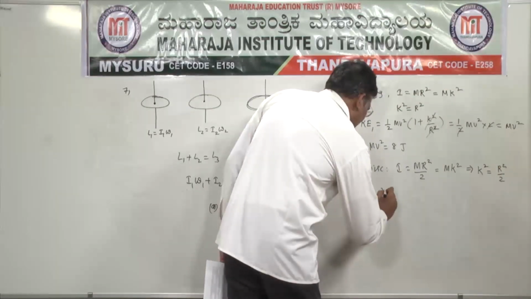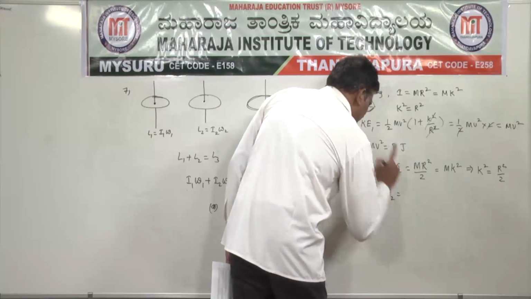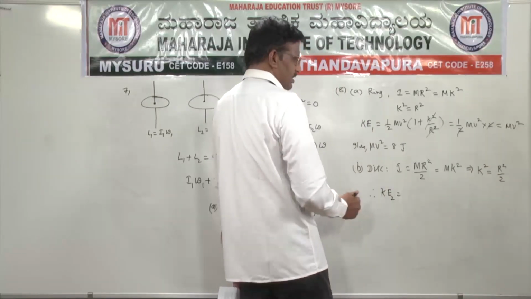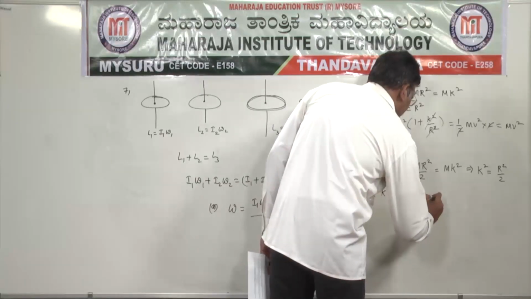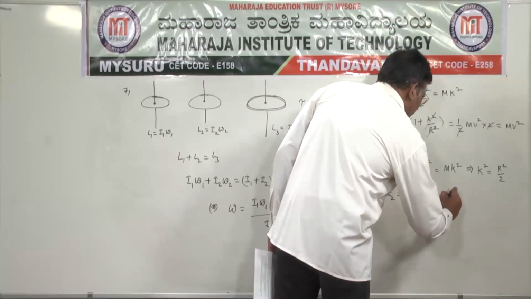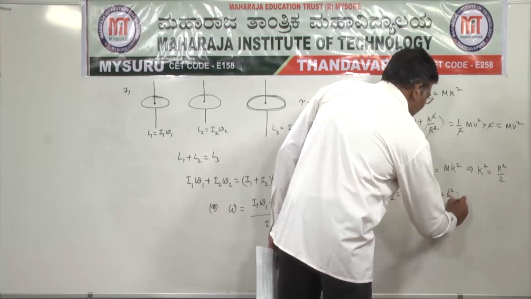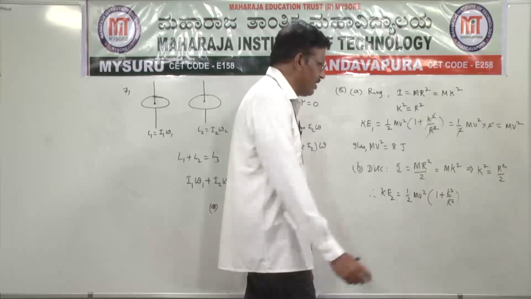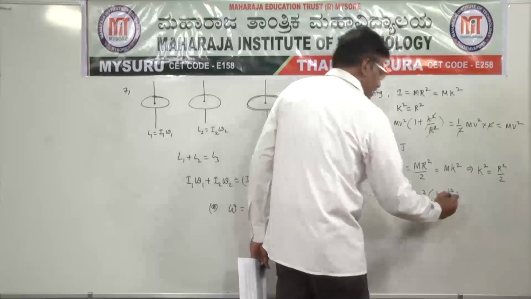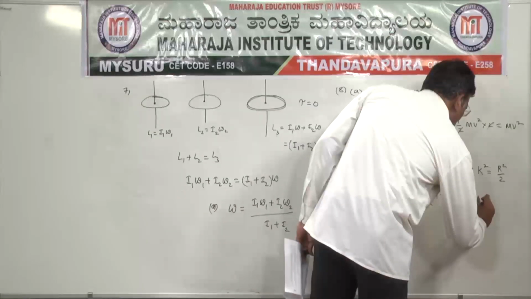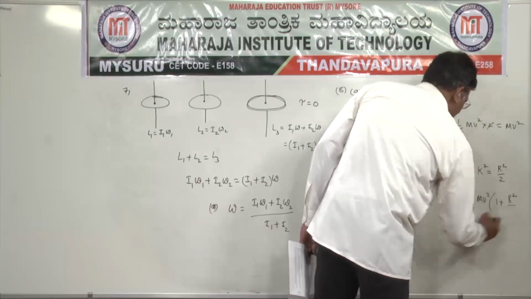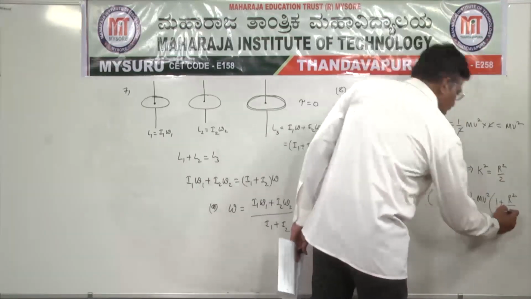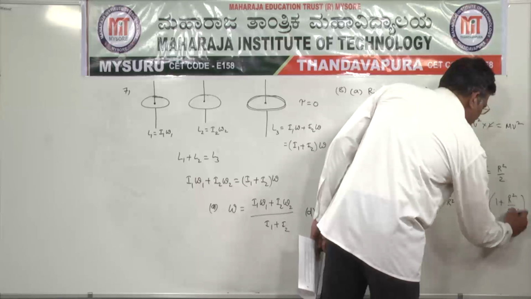Therefore KE for the disc, KE2, is equal to half mv square into 1 plus k square by r square, which is the formula. But k square is equal to r square by 2, so in the place of k square we can write r square by 2 and denominator r square as it is.